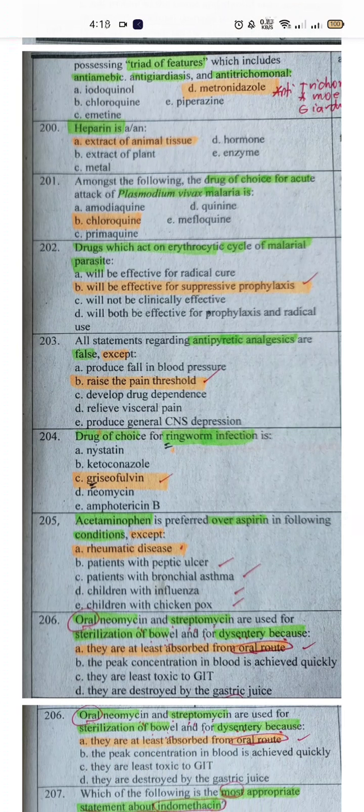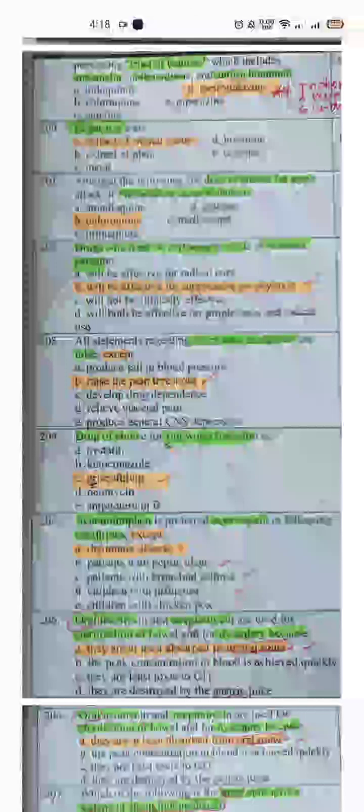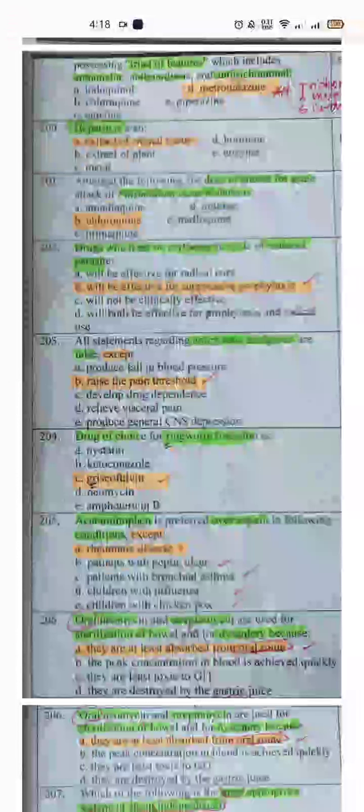So, pig intestine and the lung of a cow. 201. Among the following, the drug of choice for acute attack of Plasmodium vivax malaria is chloroquine. So, the drug of choice for acute attack of Plasmodium vivax is chloroquine.